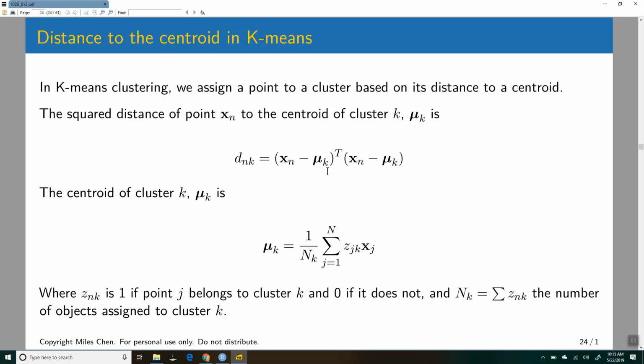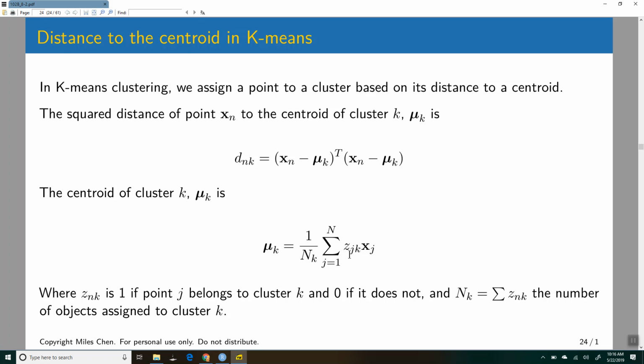And the way we calculate the centroid, mu sub k, is that we basically take the mean of all of the points x that have been assigned to that cluster, okay? So znk is going to be 1 if xn belongs to, this should be zjk, if that point belongs to cluster k.